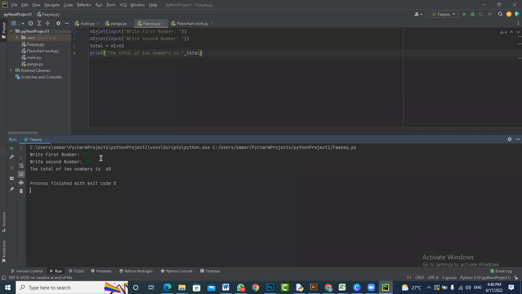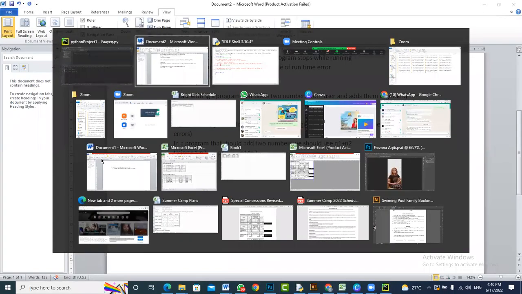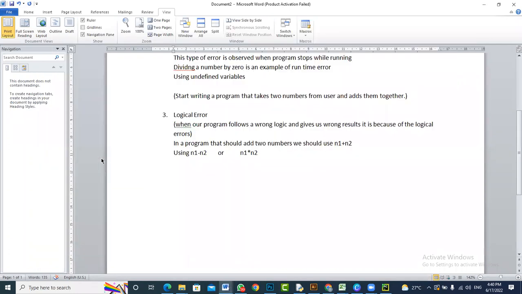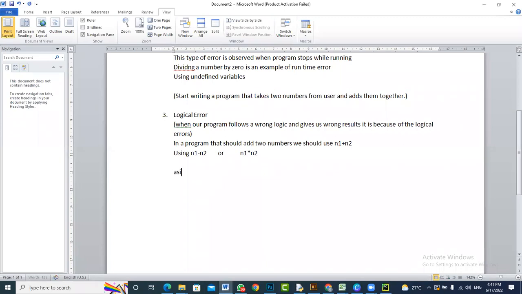Now there is an assignment that I want to give you guys. You have to use the same method that I have used and write a program that takes three numbers and multiplies them together.